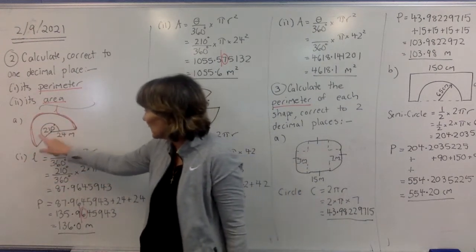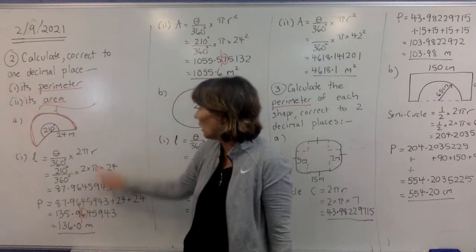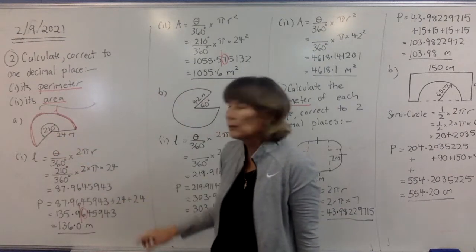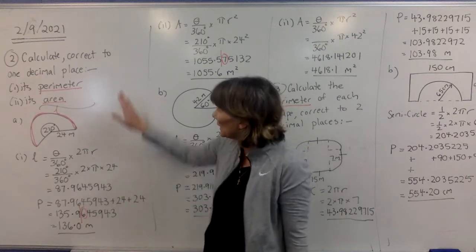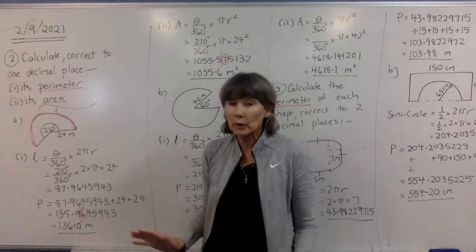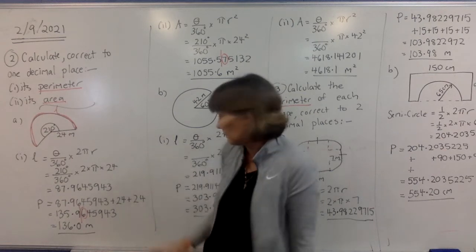So we have 210 degrees in the middle over 360 degrees times 2 times pi times the radius, which is 24. If you put that into your calculator, that's what you're going to get. Now, we're not going to round anything to one decimal place yet. You don't do any early rounding. Sometimes you're going to end up with the wrong answer if you round now.